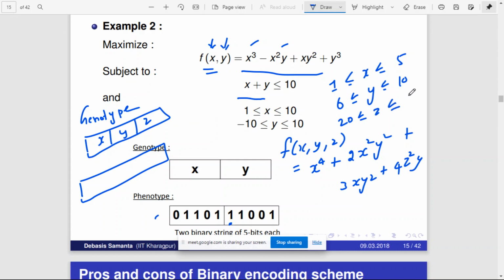Okay. So could you tell one possible value for X? Give one example for phenotype, for this genotype. Give any one possible phenotype for this genotype. Yes, these are the constraints. X should be between 1 and 5, Y should be between 6 and 10, and Z should be between 20 and 25.